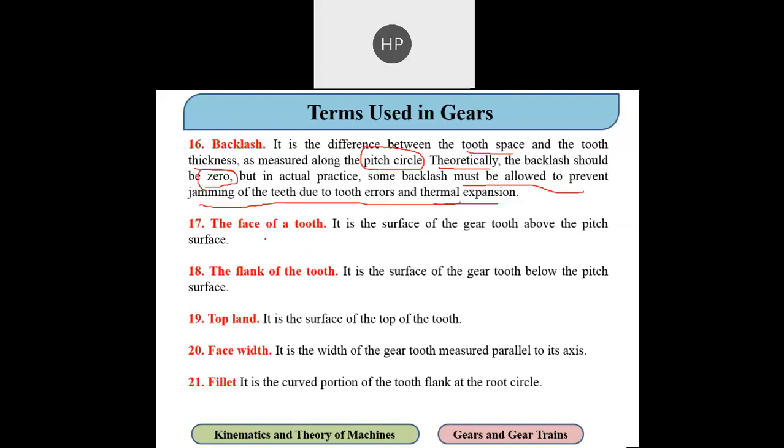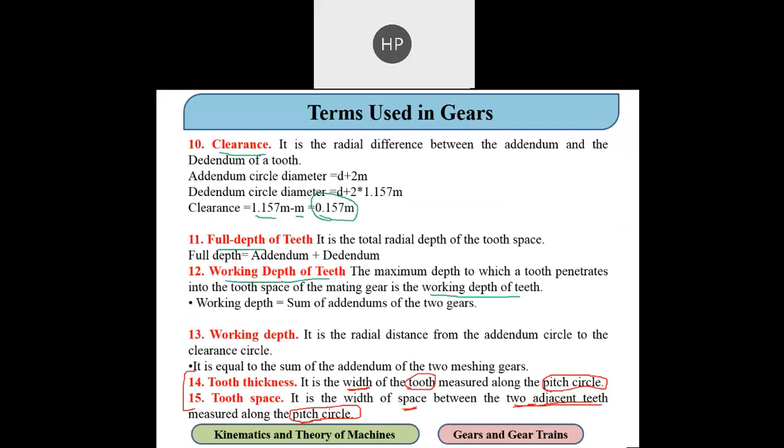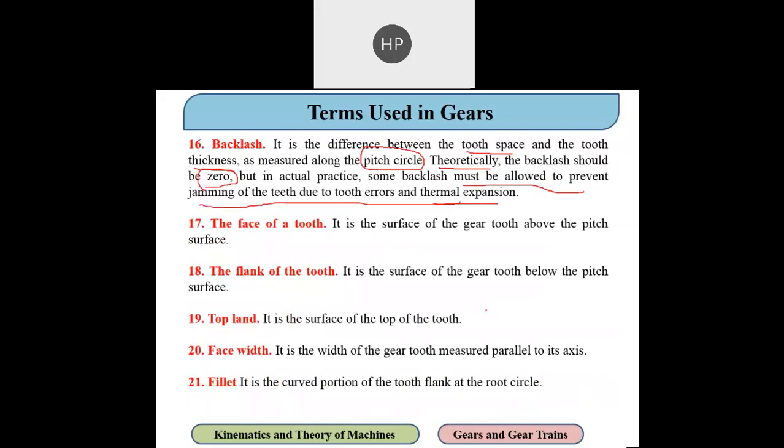So if I draw how it will look, suppose this is gear 1 and this is the tooth of gear 1, like this. This is tooth 1 and this is tooth 2 of gear 1.